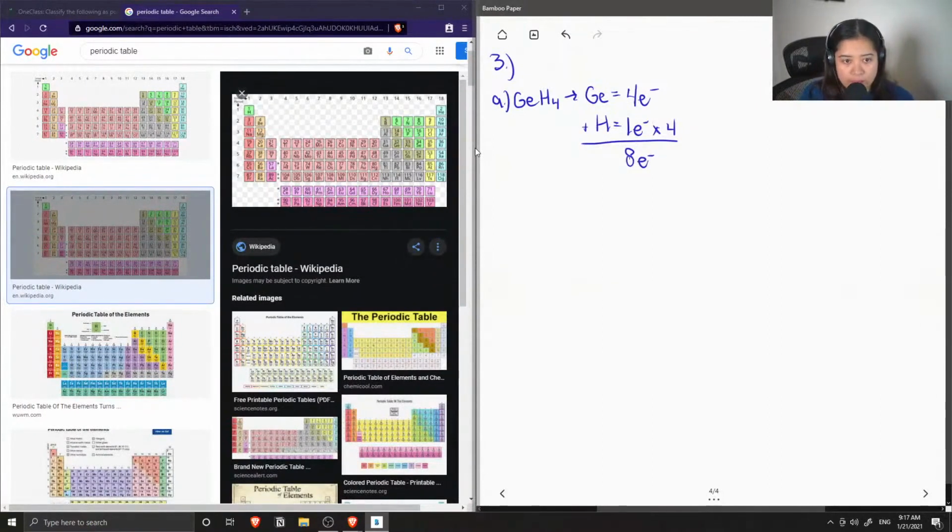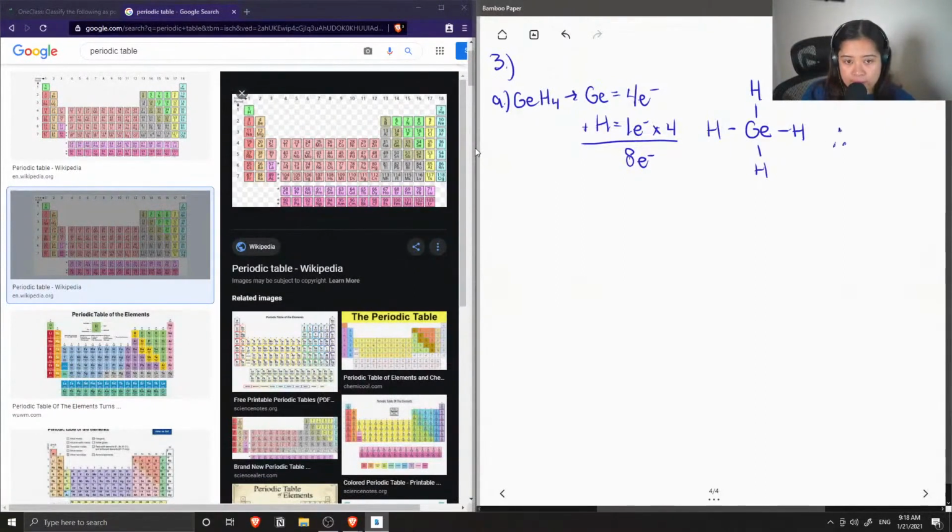So if we draw out the Lewis structure, we have our germanium in the middle, and then we have our 4 hydrogens single bonded. If we count out all the electrons I've drawn so far, you'll see that I already have my 8. You'll also see that all the hydrogen atoms are symmetrically around the germanium.